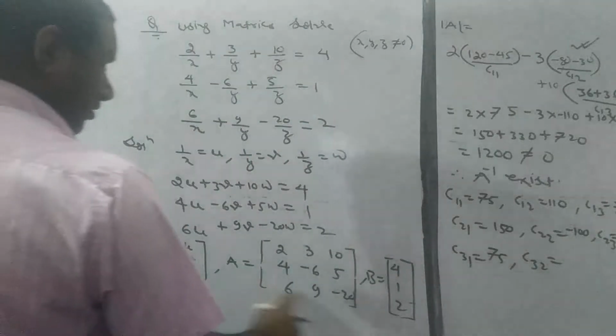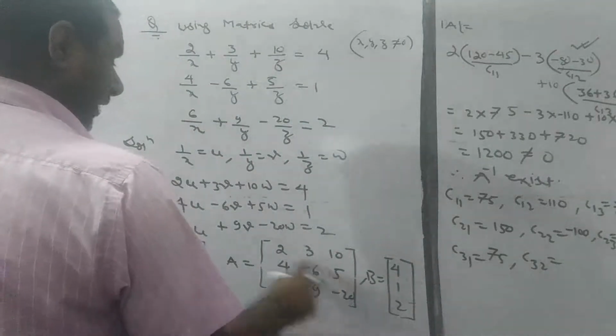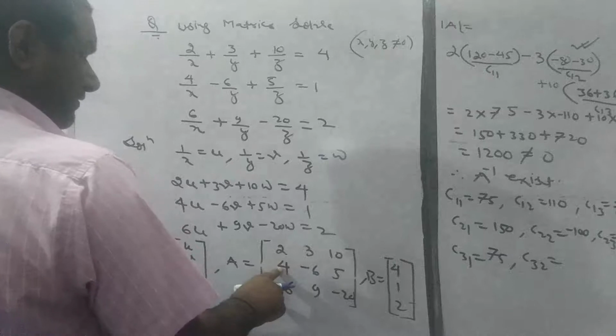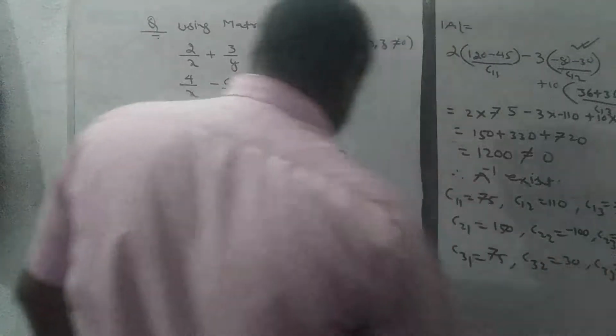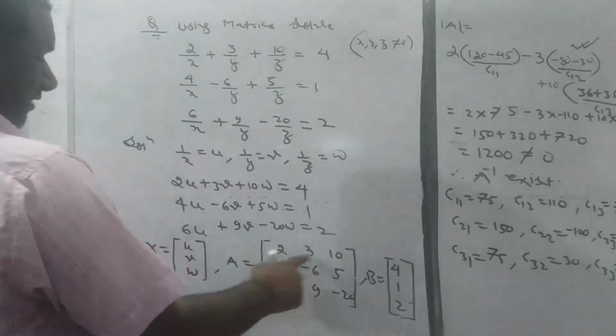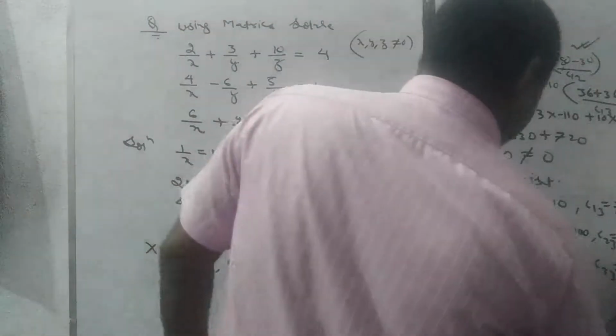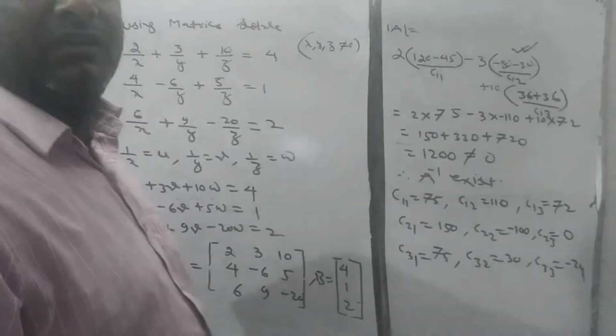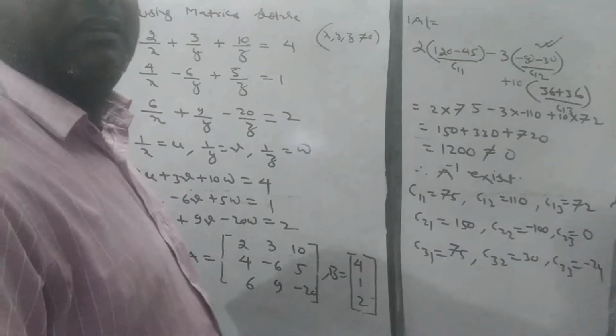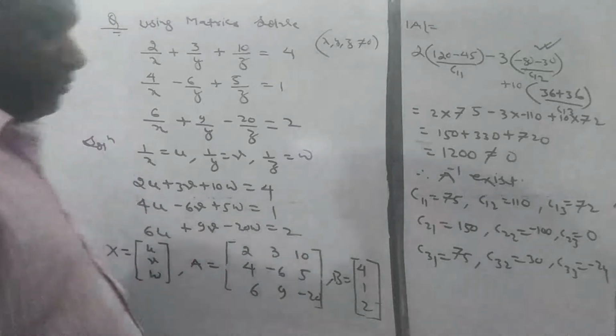C32, third row, second column: 5 2s are 10 minus 40, it is minus 30... C33 is minus 12, minus 12, minus 24.